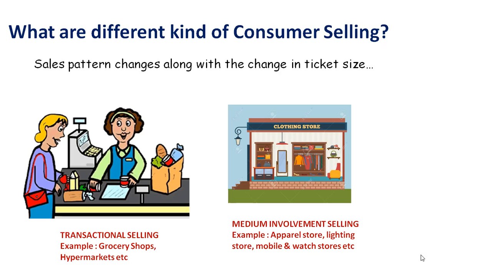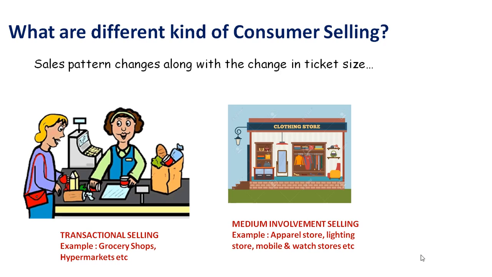The sales executive will come to you, learn your requirement, show various apparel brands they have, show you the latest trends, and assist you to choose your favorite brands. So here the sales executive will invest at least 5 to 10 minutes of his time, so that you can make the final decision of buying. Here the sales executive is more involved compared to grocery shops.